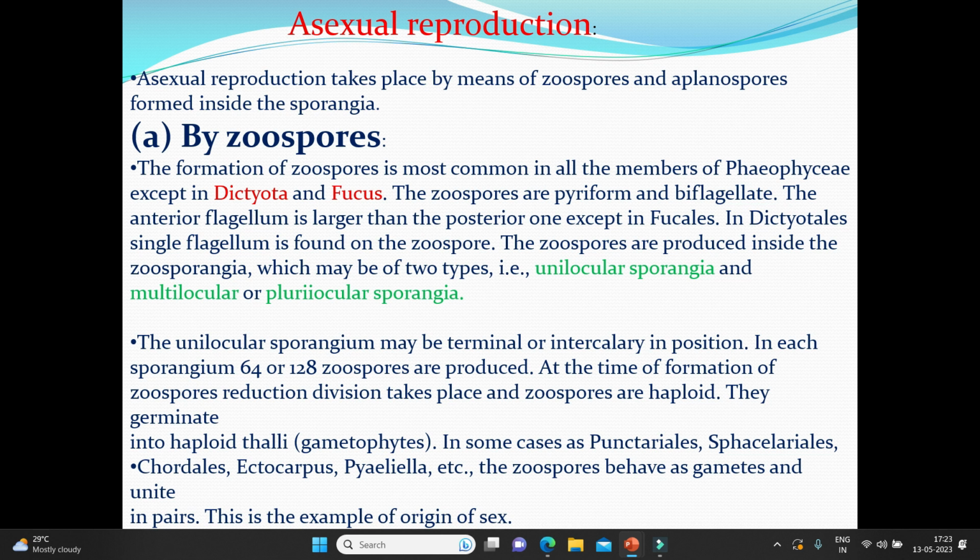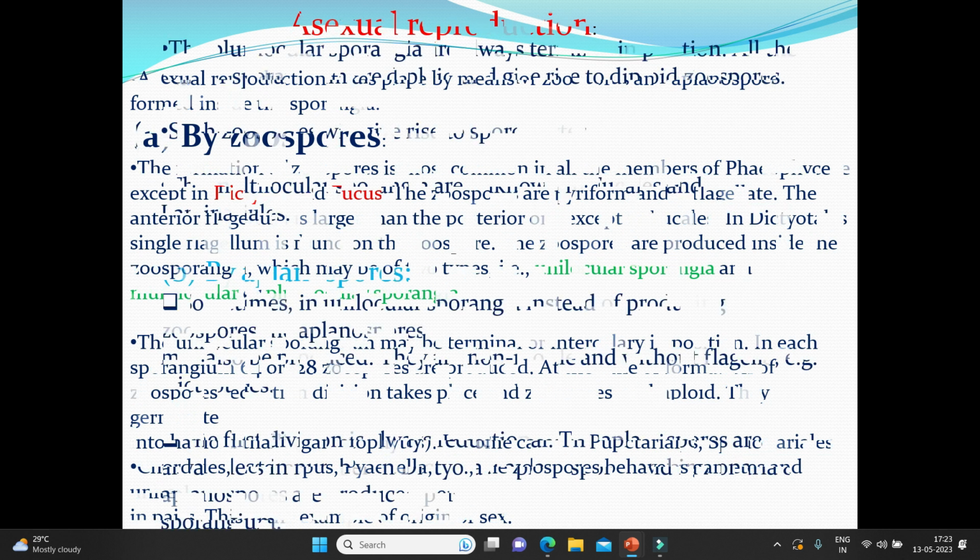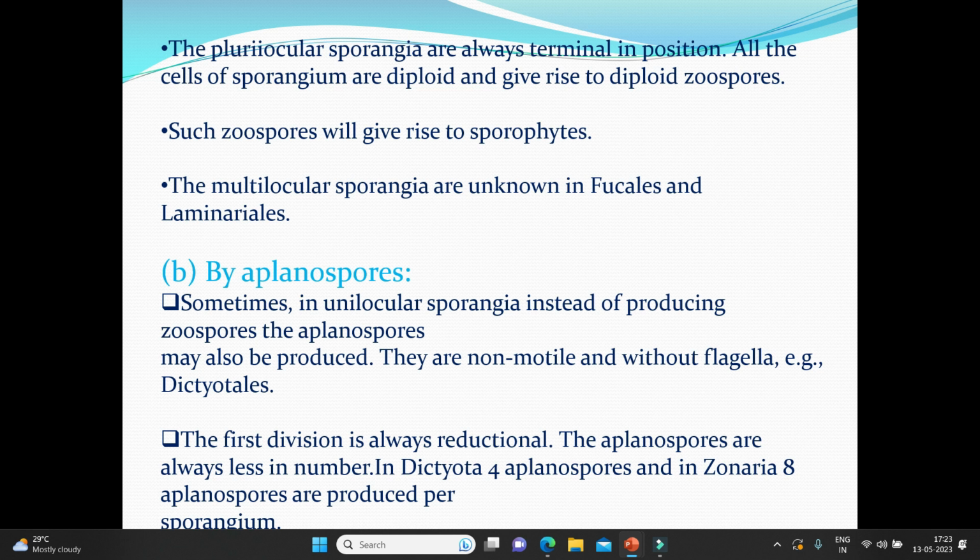In some cases, such as Punctaria, Cutleria or Cladostephus, the zoospores behave as gamete units. This is an example of the origin of sex. The plurilocular sporangia are also terminal in position.